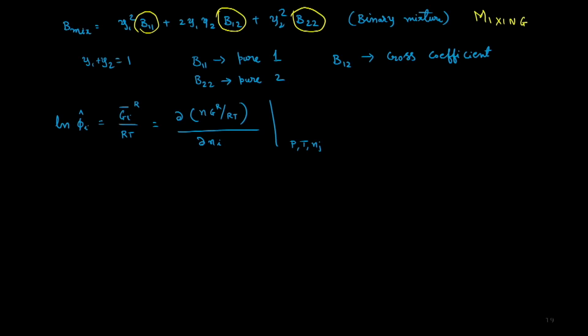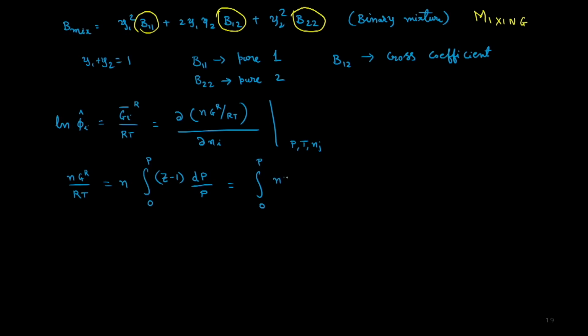Now, NGR by RT by itself is N times GR by RT, which, if you recall, is the integral from 0 to P of (Z minus 1) dP by P. So the derivative of this with respect to Ni is what we are interested in.